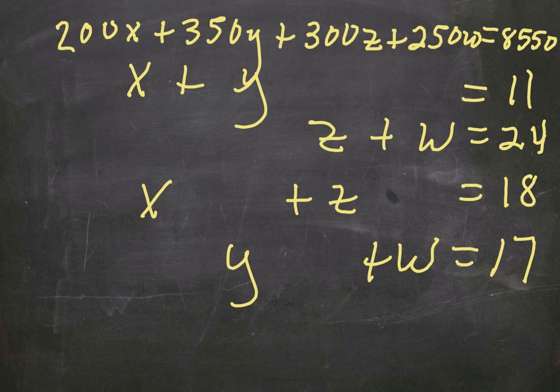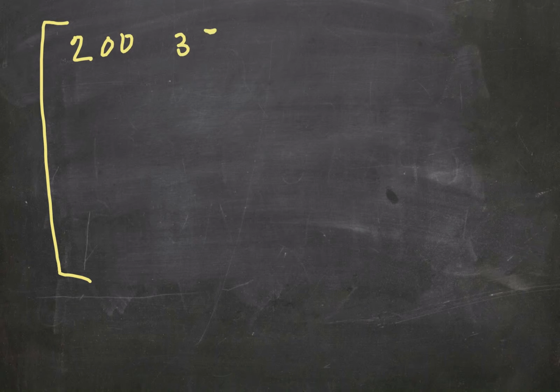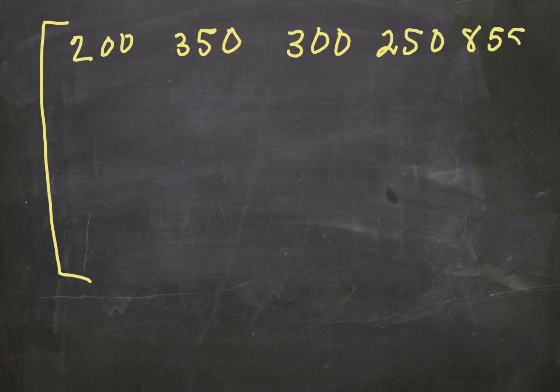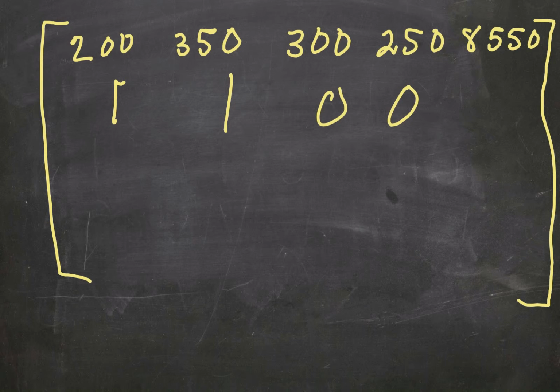So what is this going to look like as an augmented matrix? Well, let's plug it in. We had 200, and remember, for an augmented matrix, you just look at the coefficients. We're going to write each one of these in so we can see what we have. The other one was x plus y, so it'd be 1, 1, and then we didn't have a z and we didn't have a w, and it equaled 11.